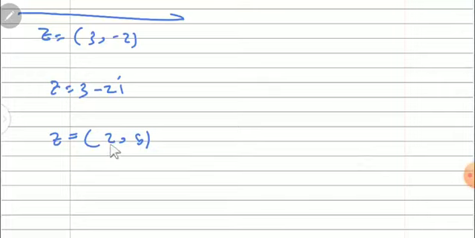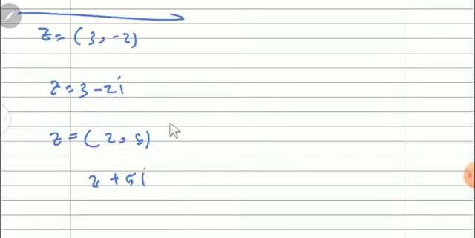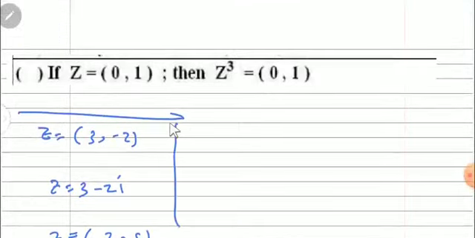This is the real number, 2, and here we have 5, positive, so write 5. But here, I told you, the right one comes with i because it is the imaginary part, so 5i. Okay, so let us get back to our problem.